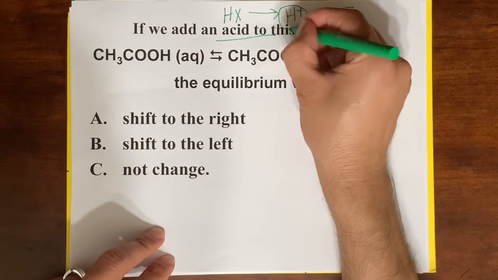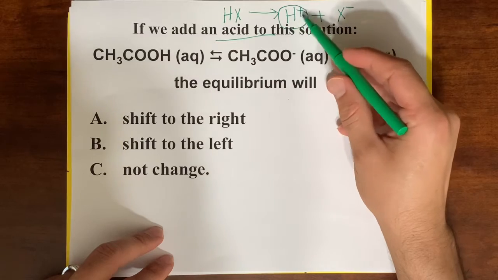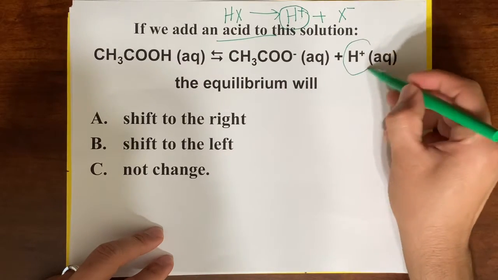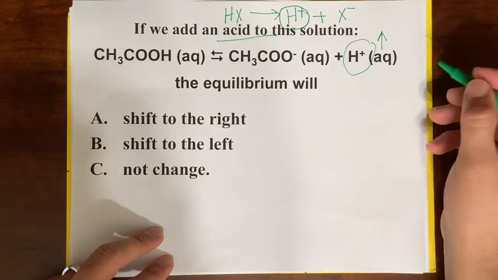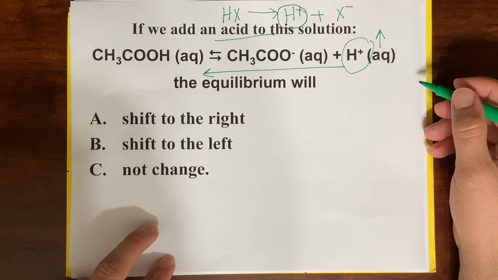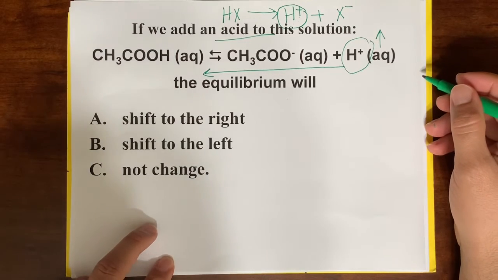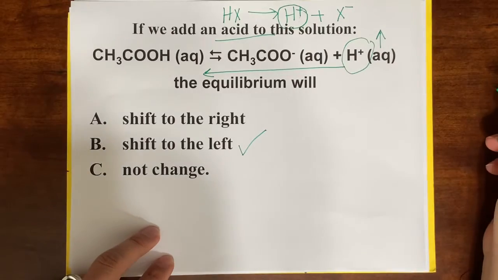So we are generating H plus, the common ion. The concentration of H goes up, and the common ion effect will move the reaction to the left side. So the correct answer will be this.